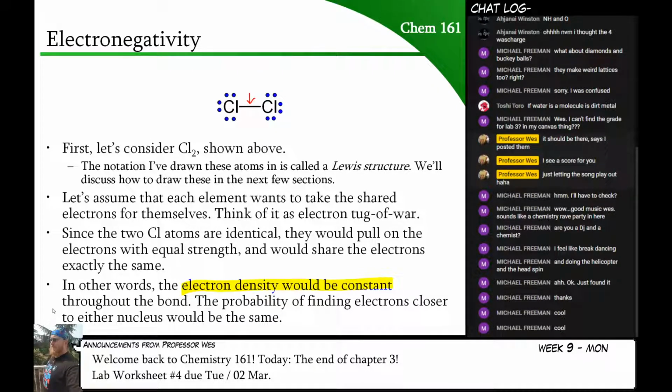Remember that electrons live in orbitals, right? So my orbitals, I'm just going to draw a generic s orbital here for now. Most of my electrons would be in this region as opposed to, say, over there or over there. And the overlap would be right in the middle as opposed to shuffled to one side.